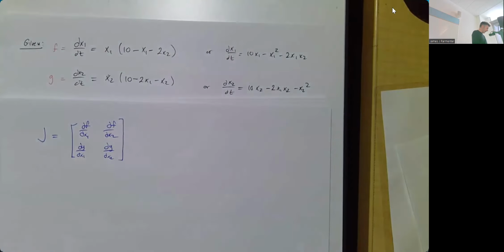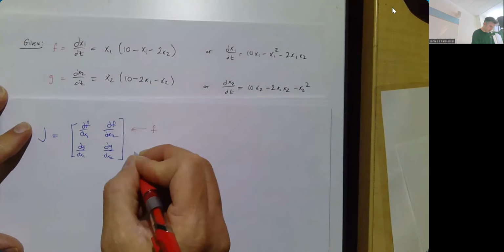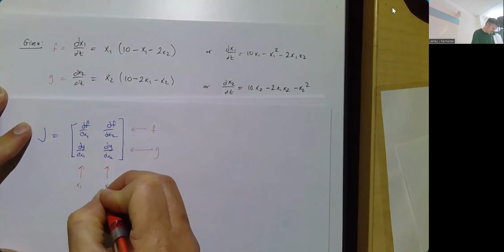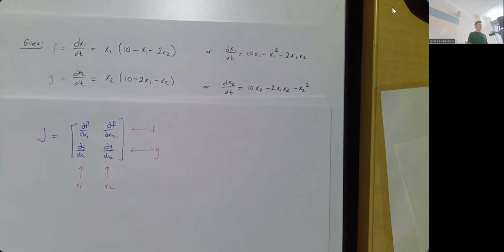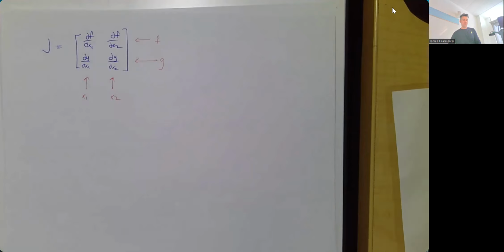I always think of it as f in the top row, g in the bottom row, x1 in the first column, x2 in the second column. That's how I think about which derivatives go where. Although it probably doesn't matter if you get them completely wrong.